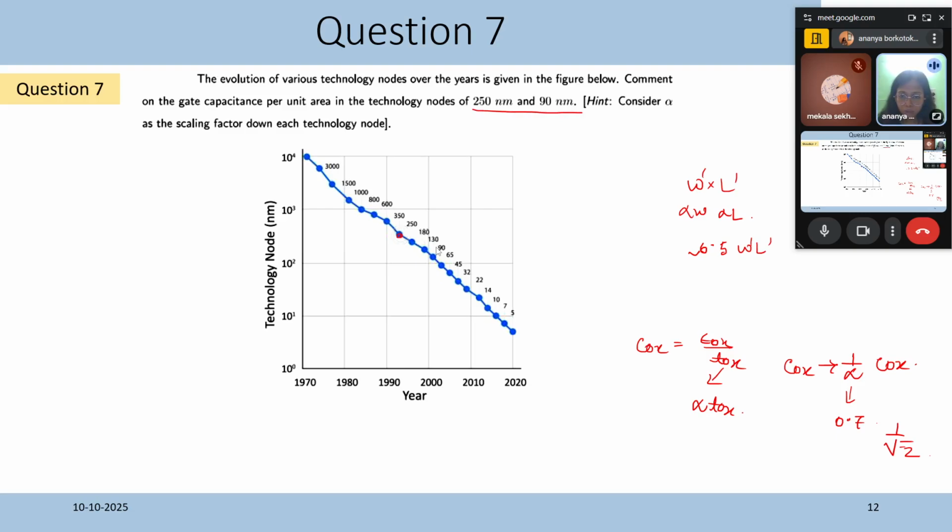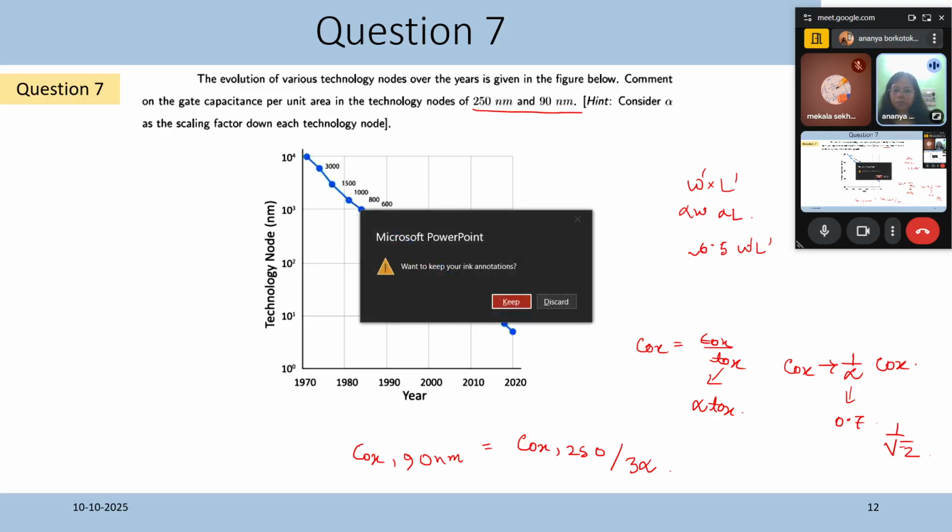This is 250 and this is 90, right? So it is scaled by alpha times, and this is scaled by alpha, and this is scaled by alpha. So whatever my oxide capacitance per unit area for 90 nanometer technology, that is equal to my gate oxide capacitance for 250 nanometer technology divided by alpha, right? So this will be by 3 alpha.